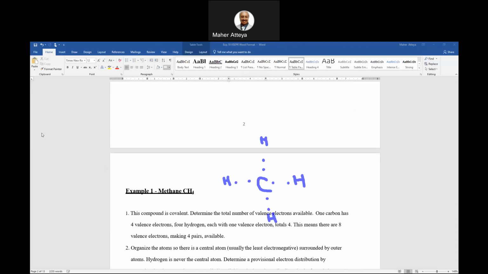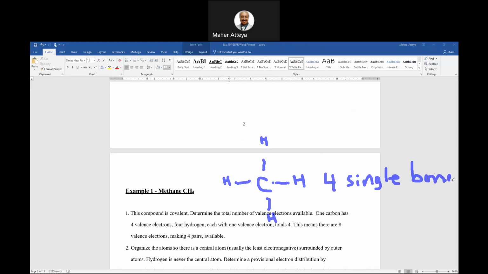Then next is to connect your single bond, single bond, single bond, single bond. So you have 4 single bonds. This is the Lewis dot structure.